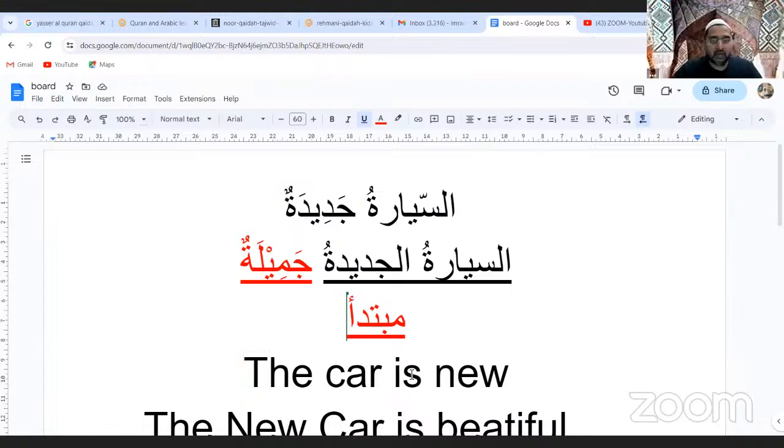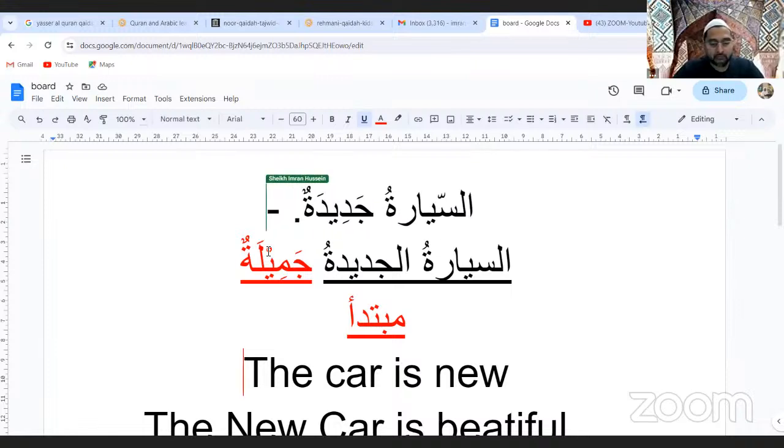or sometimes we could say also as-sayyaratu al-jadidatu, or it could be as-sayyaratu, instead of having this, I'm going to highlight this, you can say as-sayyaratu fil bayti.